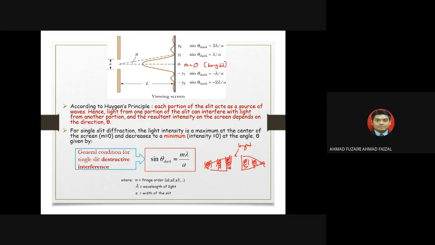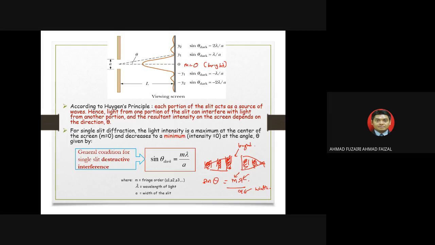But for the first minimum, or what we call destructive interference, the intensity decreases to a minimum equivalent to 0, and the angle is given by sine theta equals m lambda over a, where m is the order number, lambda is the wavelength, while a is the width of the slit.